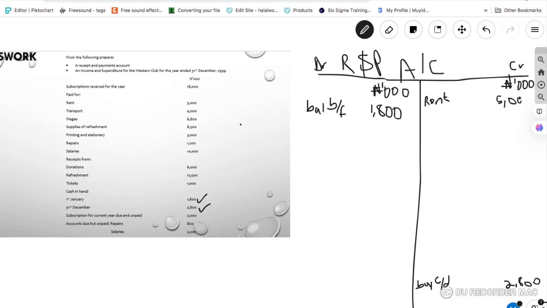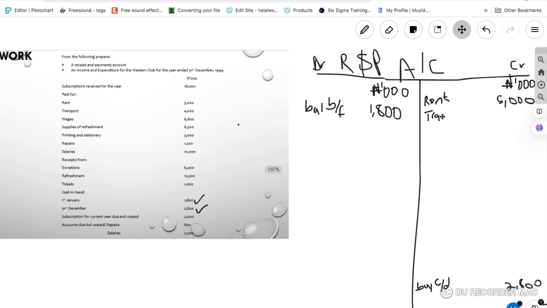Then we have transport, which is 4 million.